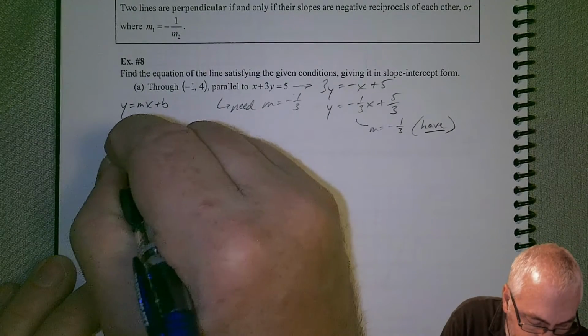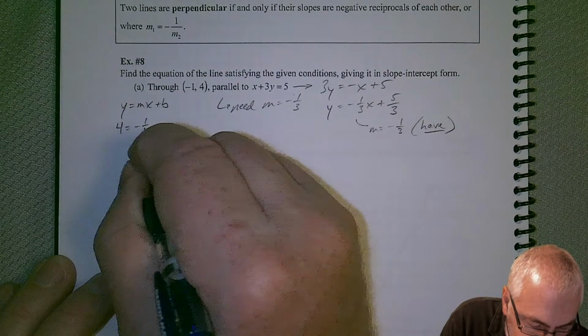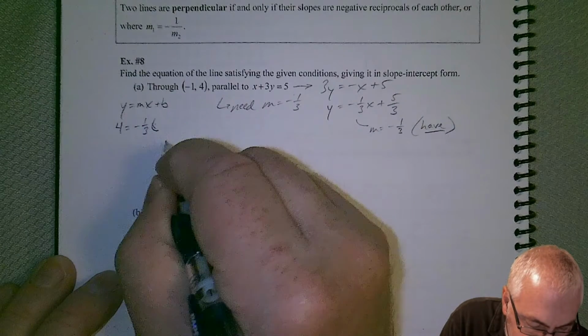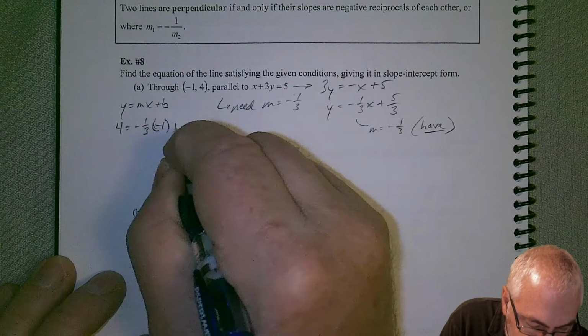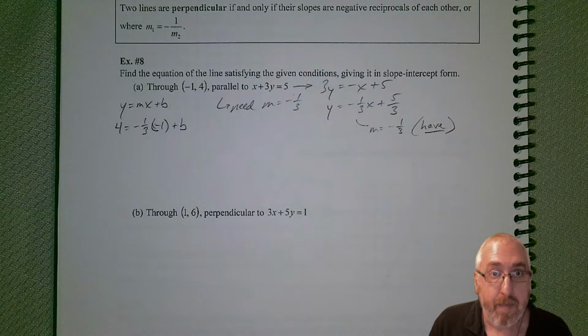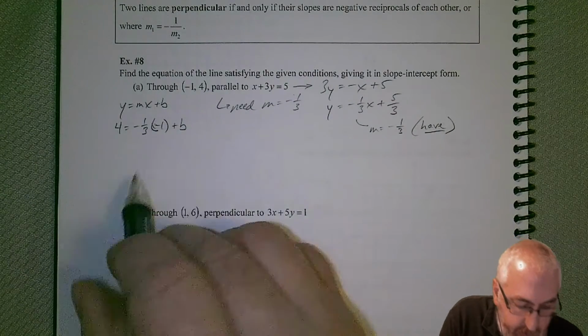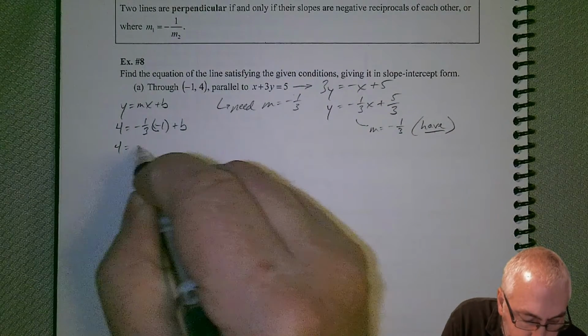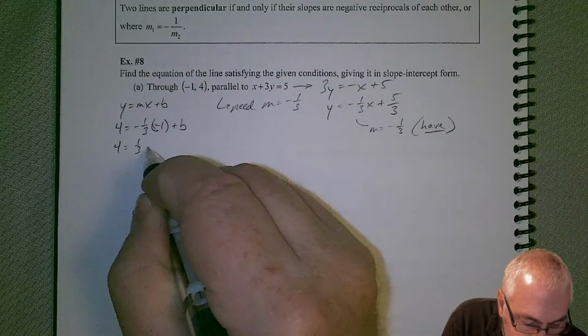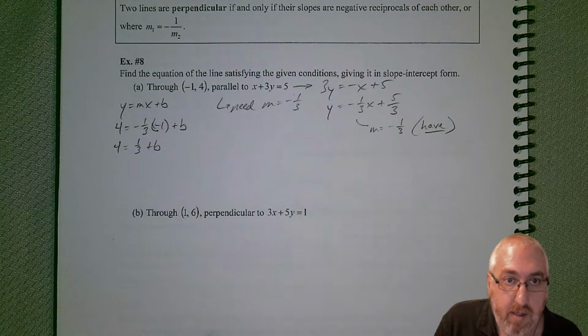So 4 equals a negative 1/3 times negative 1 plus b. All right, so we gotta multiply, and then we gotta subtract 1/3.